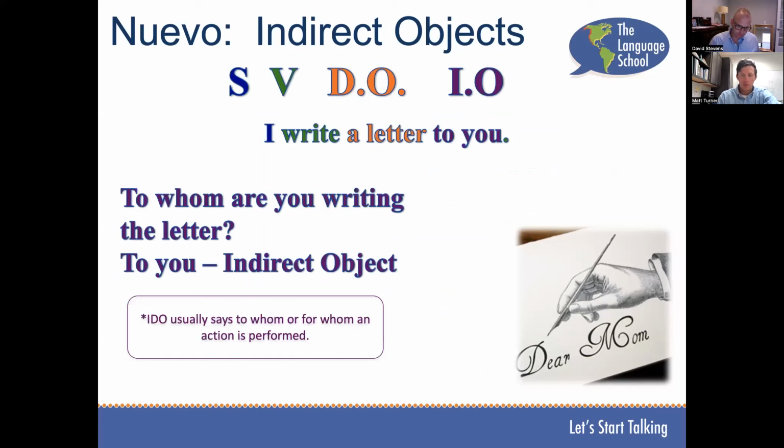Now, in more complex sentences, you can also include what we call an indirect object, which would answer the question, to whom are you performing that activity? So in this situation, I write a letter to you. Who are you writing the letter to? To you. So that's what's called the indirect object.